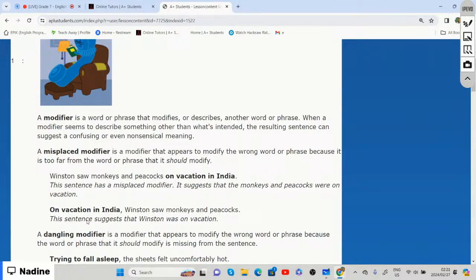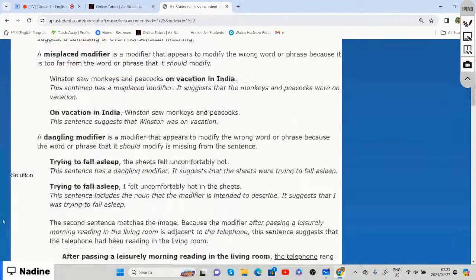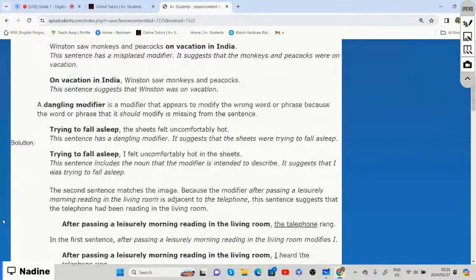And then we have a dangling modifier. A dangling modifier is a modifier that appears to modify either the wrong word or the wrong phrase because the word or the phrase that it should modify is missing from a sentence. So there's a word missing from the sentence. For example, we said, trying to fall asleep, the sheets felt uncomfortably hot.